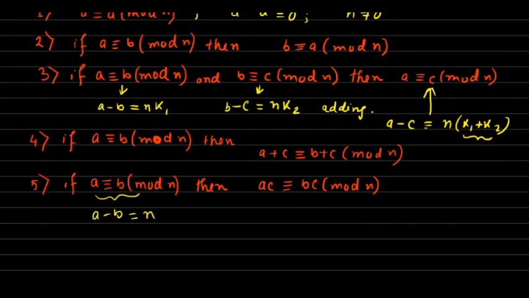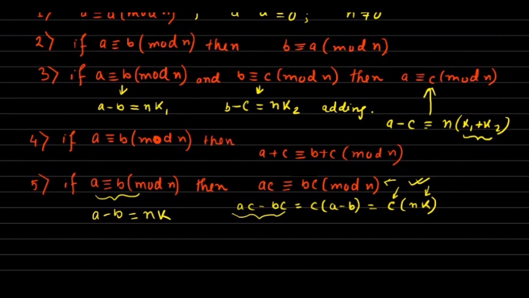We can write a minus b is nk. So similarly, let's find ac minus bc equal to c times a minus b. Again, a minus b is nk, so c into nk, where c is an integer, k is also an integer, n is definitely an integer. That means ac minus bc is also divisible by n. That is what is written over here. Okay, I think this also gets clear to you.